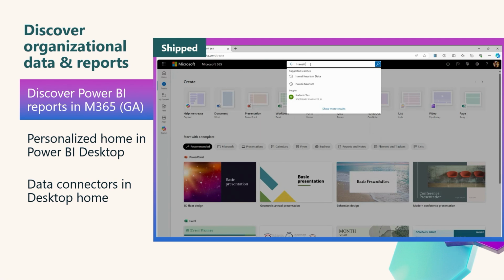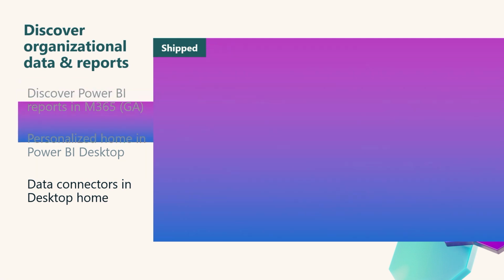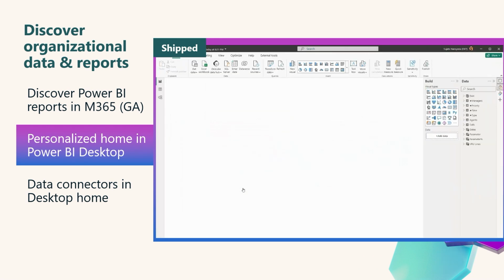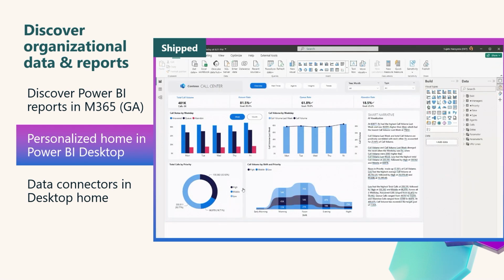Next, let's look at how we've updated our desktop experience to bring a personalized home to help users easily discover high-value reports and data. So here you can see, and it should look very Office-like because we did copy Office, it shows you the ability to look at reports based on people in your organization, whether they've edited that report, viewed it, shared it, or even just reports you tend to frequent.